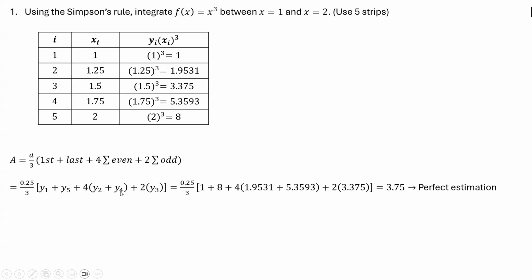So y2, y4 come for the even, and y3 comes for the odd. In this particular example, the result comes as 3.75, which is a quite perfect estimation, and you can see that it's very useful. This rule is more useful than the other rules.